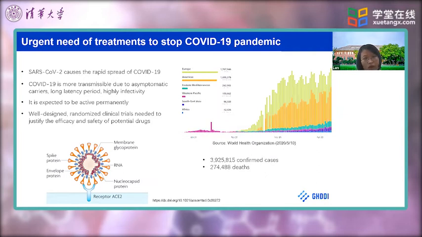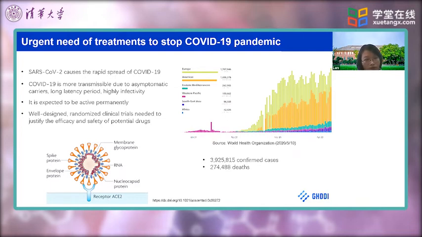This rapid increase shows that compared with the SARS or MERS epidemic, COVID-19 is more transmissible due to several reasons. One is that the patient can have no symptoms, the latency period is long, and it's also highly infective.